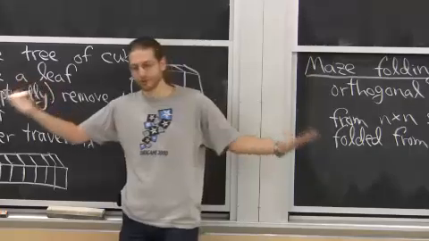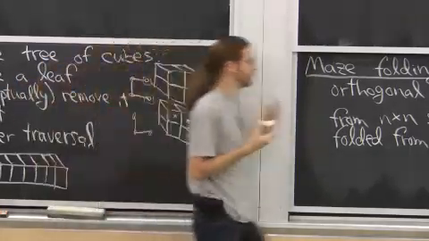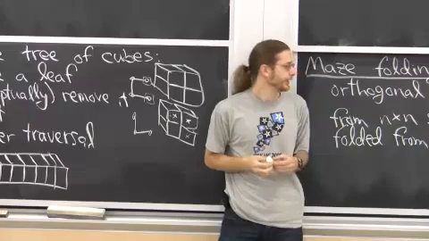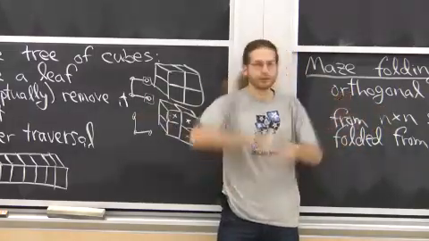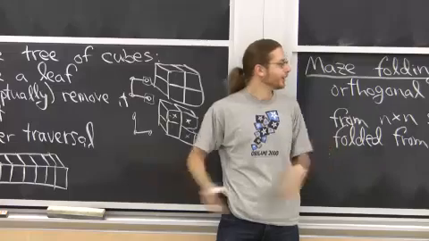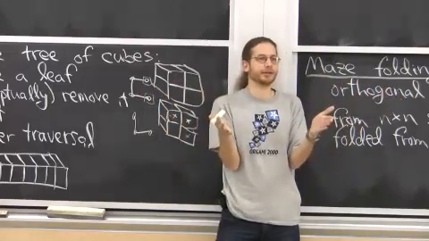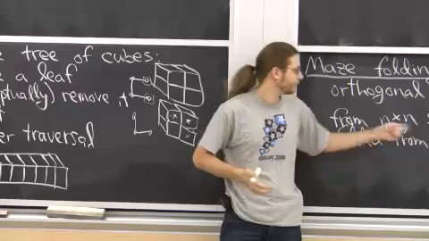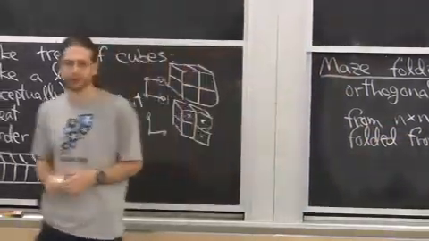For an n by n checkerboard, you have to shrink by a factor of n over 2, n over 4, whatever the best bound is. But it seems the more complicated you want, the more you have to fold. Here, I can make a super complicated maze. It could be 1,000,000 by 1,000,000, and I'm still only shrinking the sheet by a factor of 3. So this is one of the few results we know where you can get a large class, and yet you're only shrinking by a small factor.